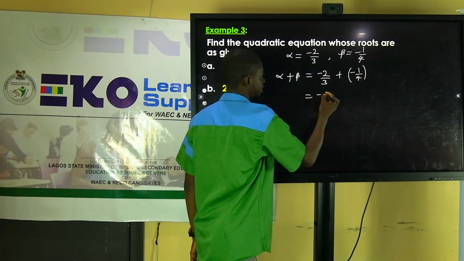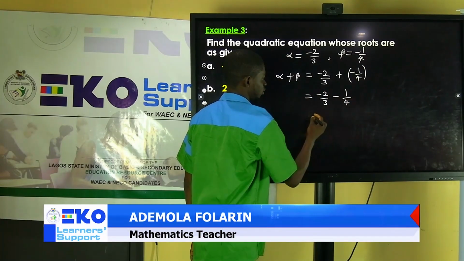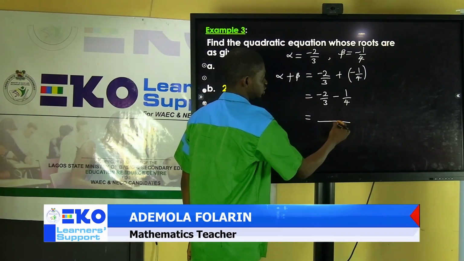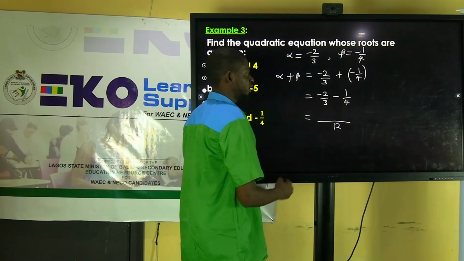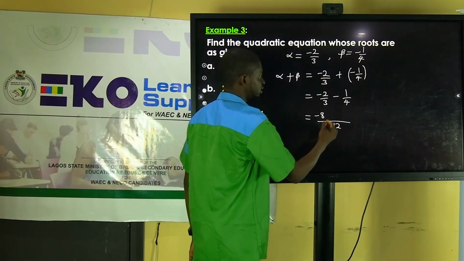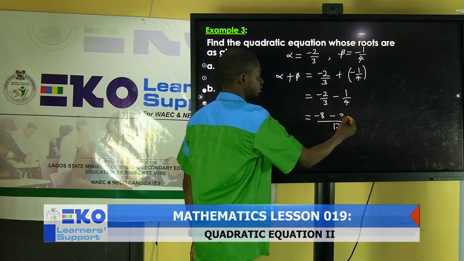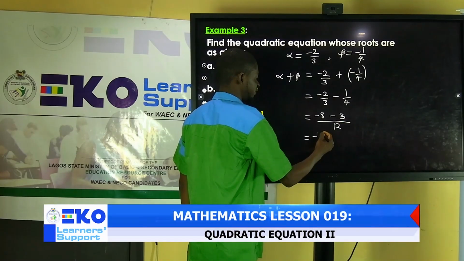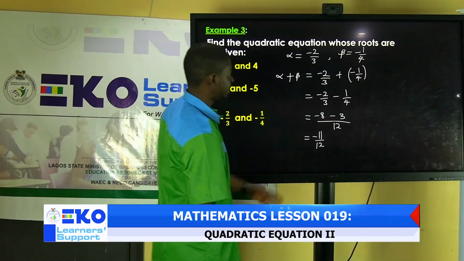This becomes -2/3 minus 1/4. So we find the LCM, which is 12. 3 goes into 12 four times, and 4 multiplied by -2 is -8. Minus 4 goes into 12 three times, and 3 multiplied by 1 is 3. So we have -11/12.